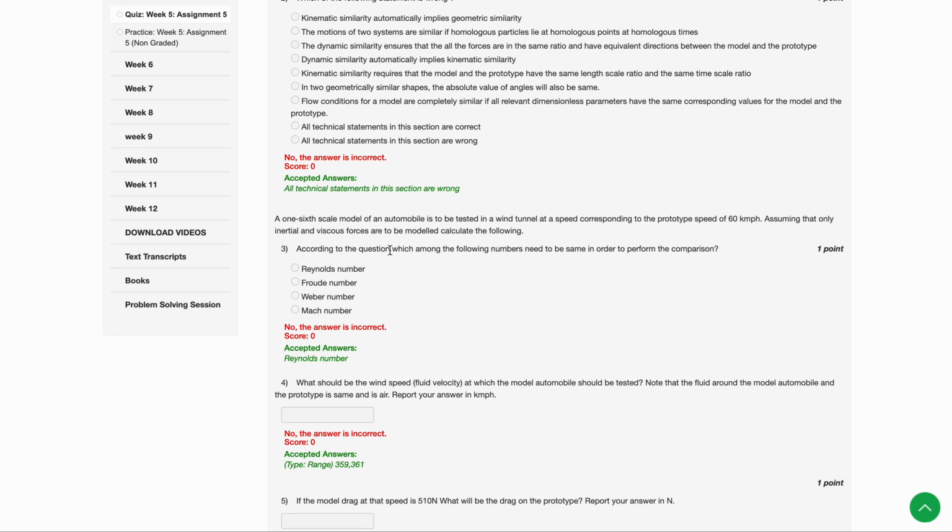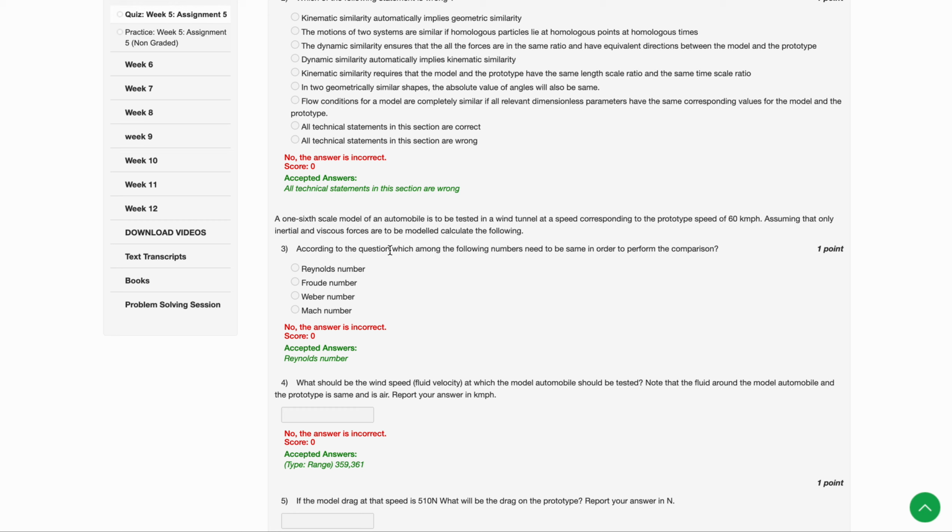Okay, that means the ratio of the representative areas between the prototype and the model will be what?